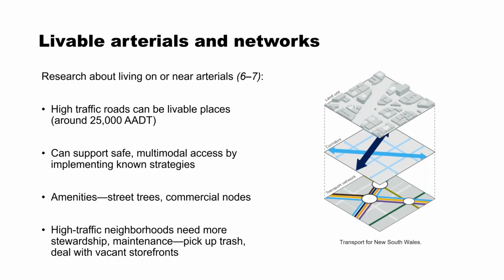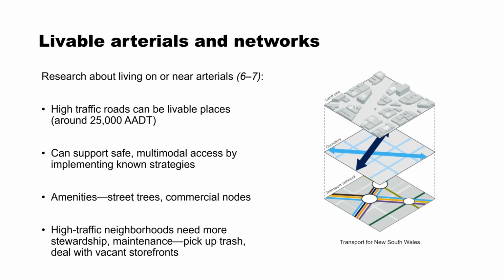But we learned, especially in that study of Denver, that people valued the arterials close to their homes, and that these arterials did in fact support relatively safe multimodal access by implementing some of these known strategies. In fact, neighbors said, I like my arterial because it gives me so much mobility. At the same time, those arterials had several amenities on them, as well as protective measures.